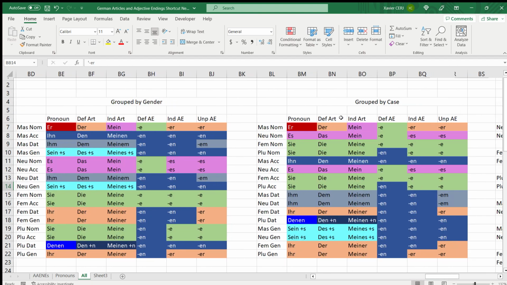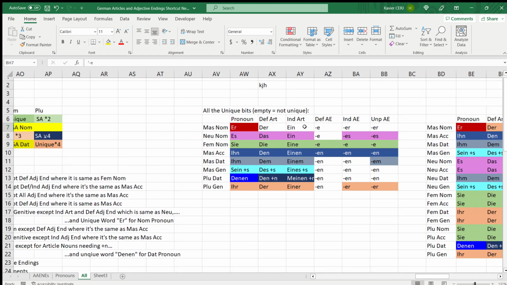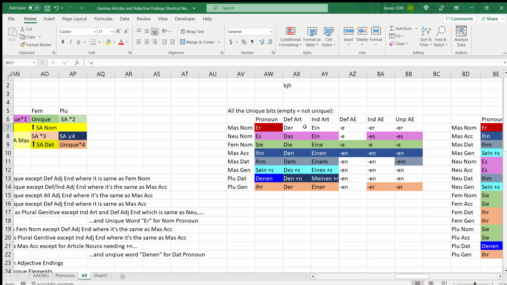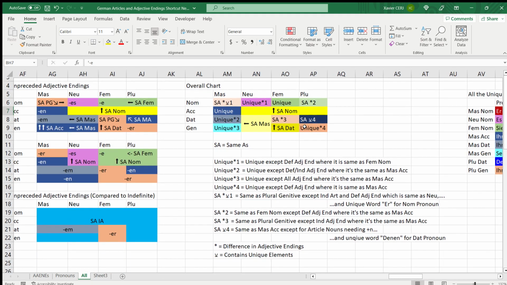So mostly it's copying, half of it is copying the plural genitive, but then we have our own unique word. We're copying the neuter, and then we're copying the feminine for some reason. Technically, we're copying the neuter, which is copying the feminine, but same difference. They're both the same.